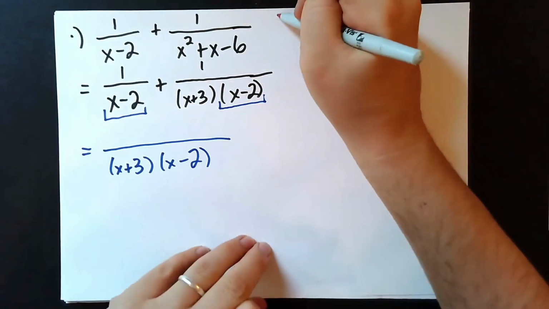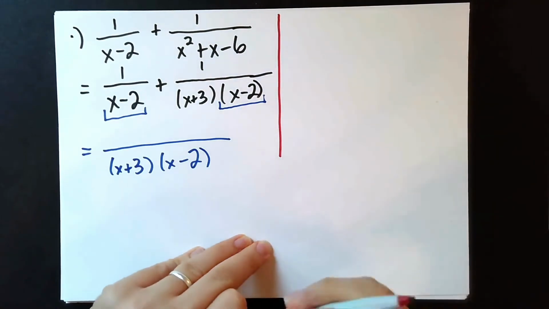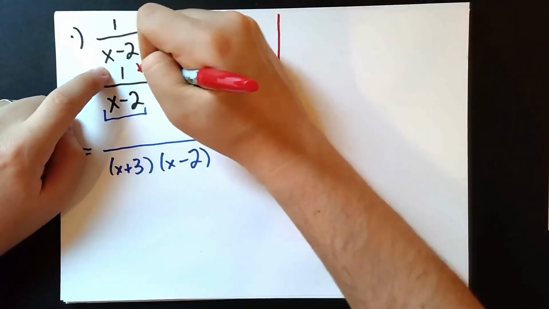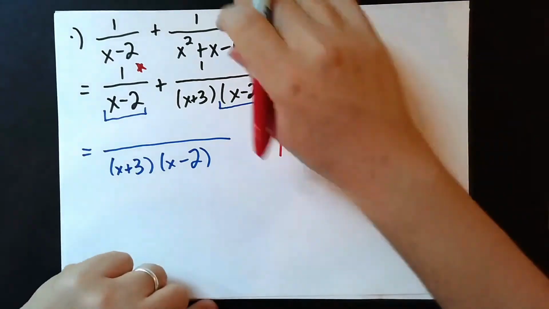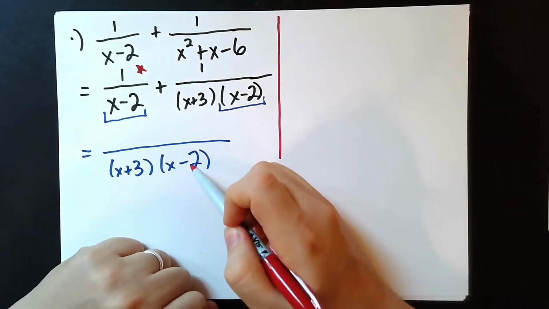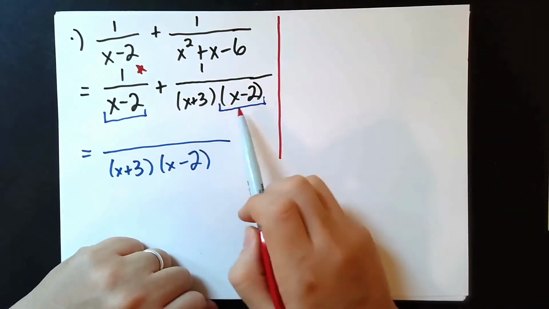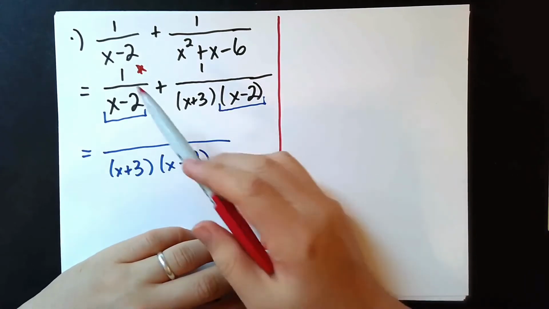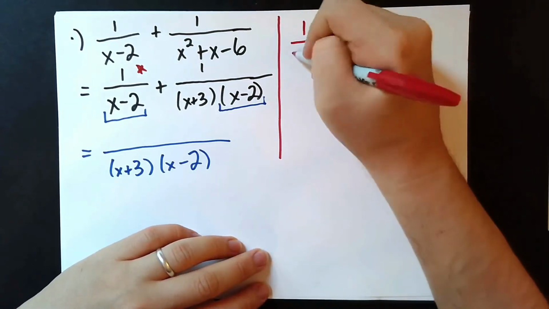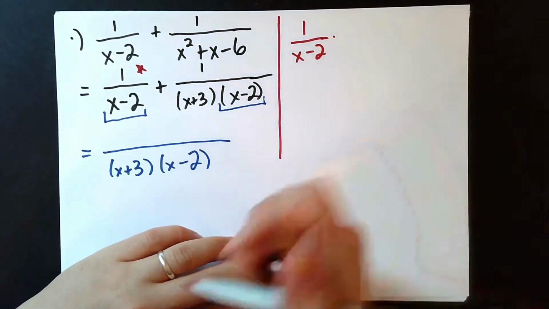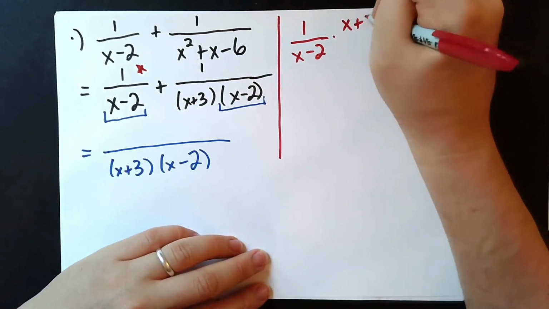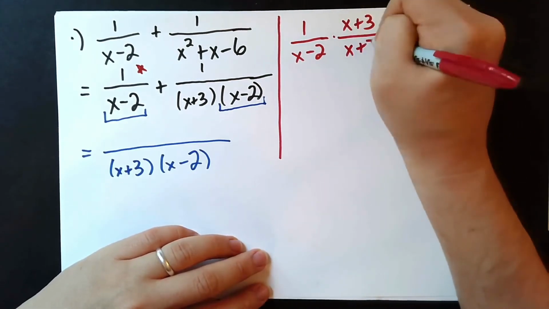Once I've made that observation, I just need to rewrite this piece over the new common denominator of x plus 3 times x minus 2. This is already over that denominator, so I don't have to rewrite this at all. But 1 over x minus 2, I want to multiply it by x plus 3 over x plus 3.